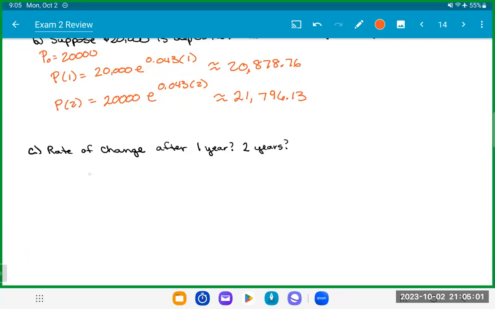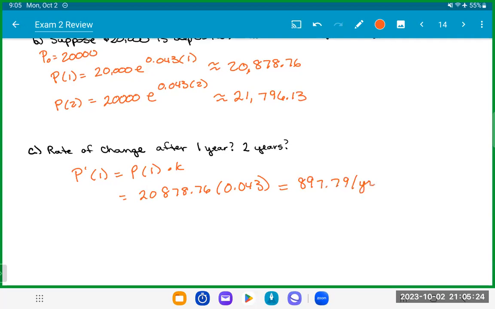Remember, the rate of change is just P prime of 1 is equal to my P of 1 times my interest rate. Okay. So that is 20,878.76 times 0.043. So my rate of change is a growth of $897.79 per year after year 1.